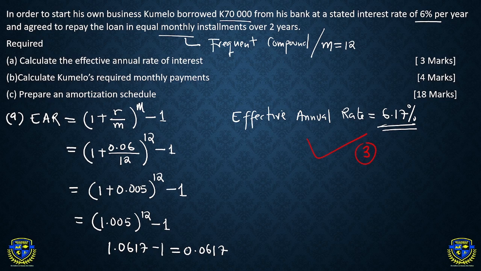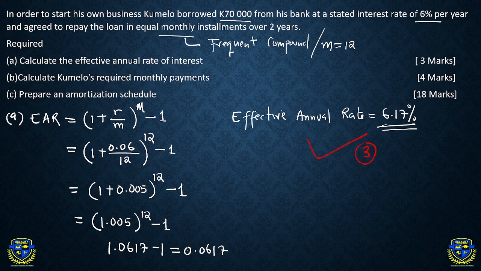We continue. We'll now look at part B: calculate Kumero's required monthly payment. Here, we want to look at how much Kumero will be paying monthly for that loan of 70,000 at a stated interest of 6% for a period of 2 years.